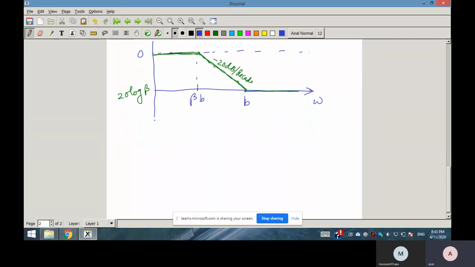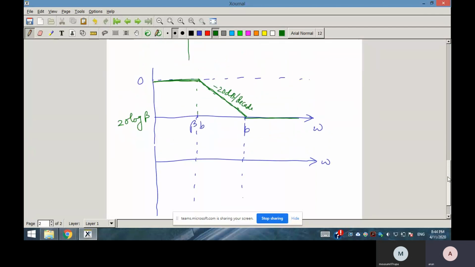Now the phase plot will be like this. At omega equal to 0, phase is 0.